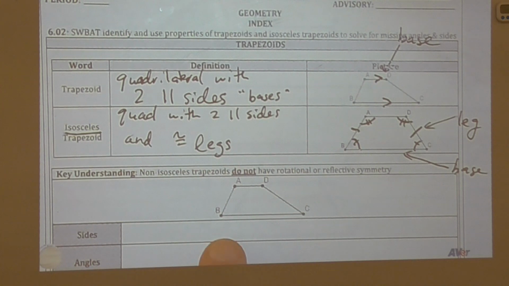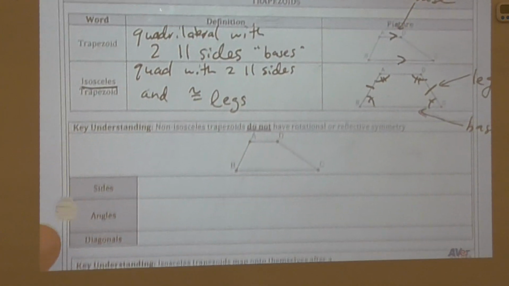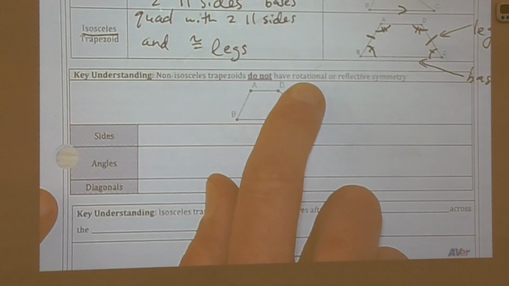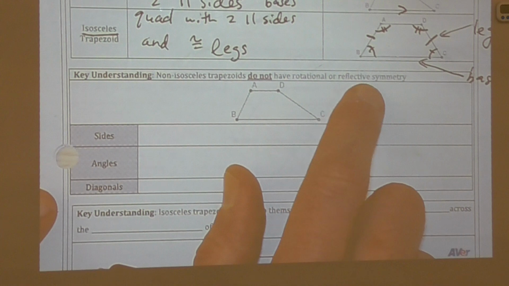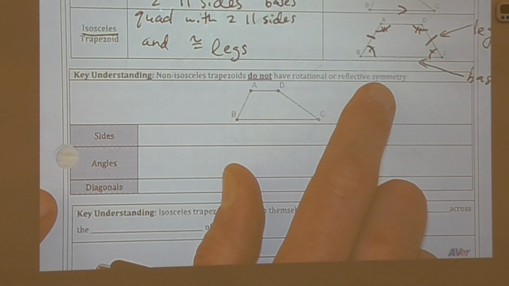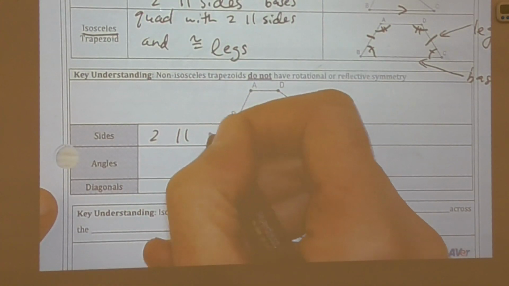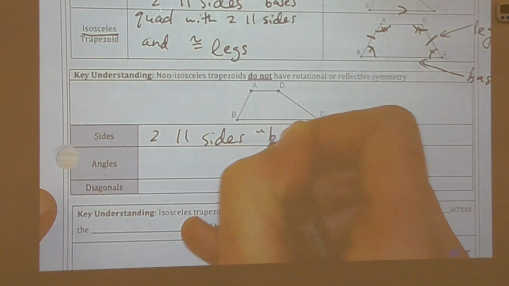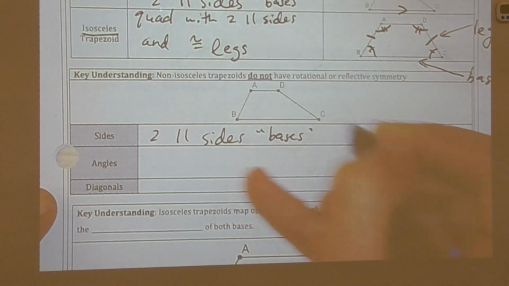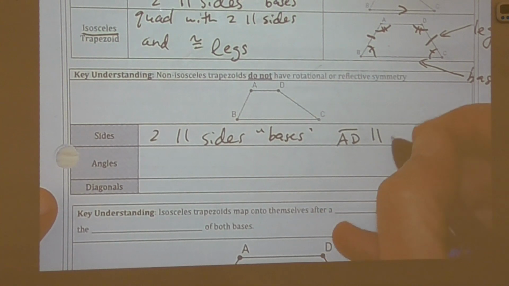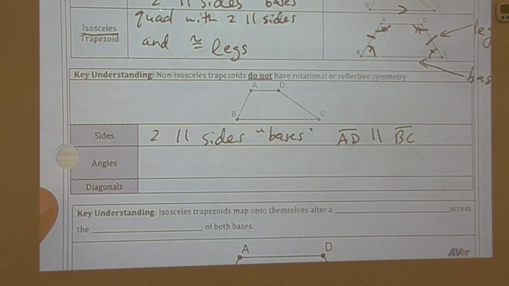Okay, so now let's look at trapezoids that are not isosceles. So they do not have rotational or reflective symmetry. The sides, we have two parallel sides called bases. So in this case, we would say that segment AD is parallel to segment BC.